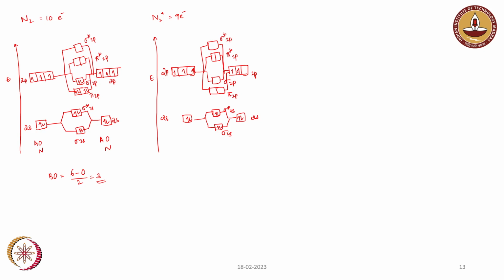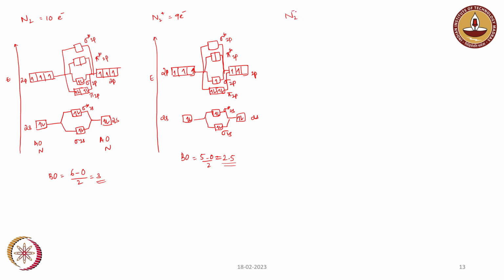So there are 5 electrons that will be filled in pi 2p and sigma 2p. So there are a total of 5 electrons here. So the bond order is 5 minus 0 by 2, that is 2.5.